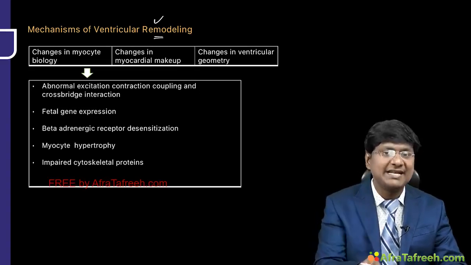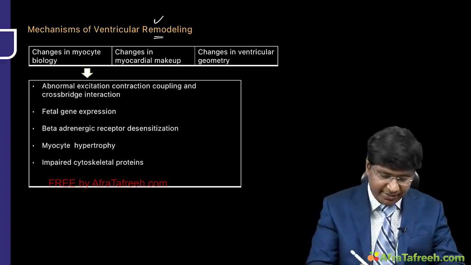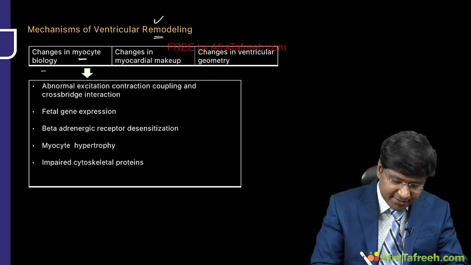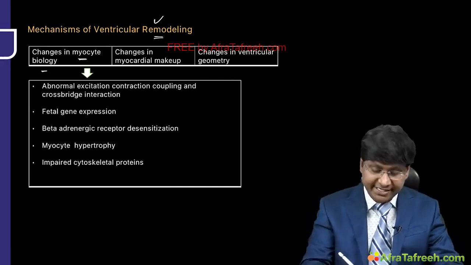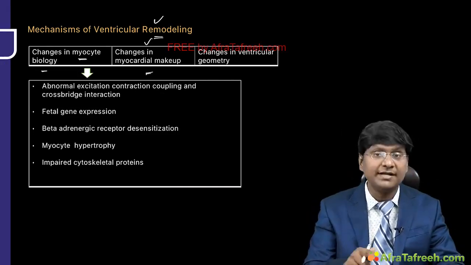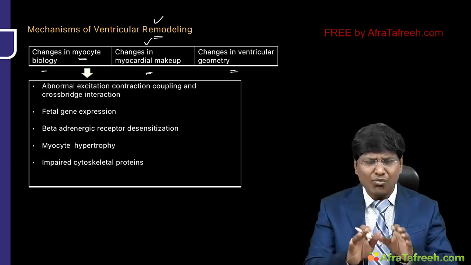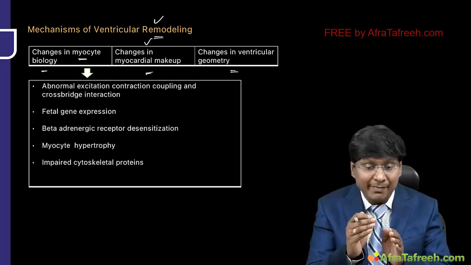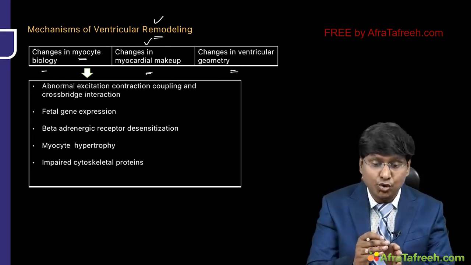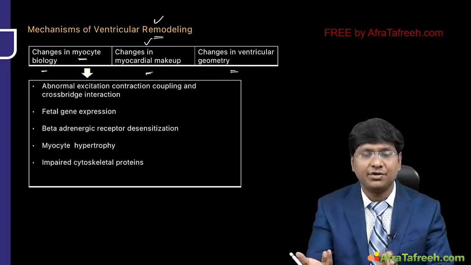Now what are the mechanisms of that ventricular remodeling? Number one, change in the myocyte biology. Number two, changes in the myocardial makeup. Number three, changes in the ventricular geometry. These changes make the individual progress in the severity of heart failure.